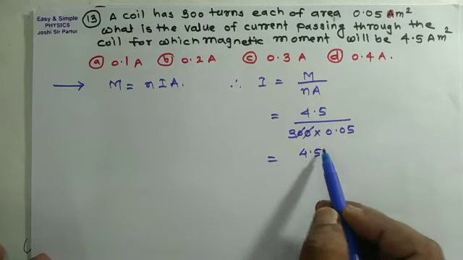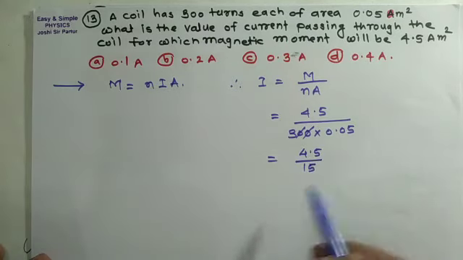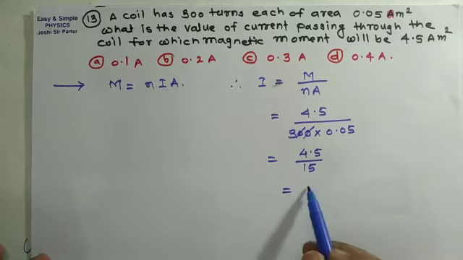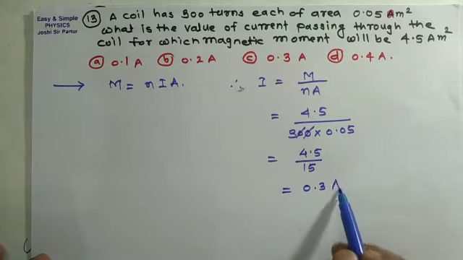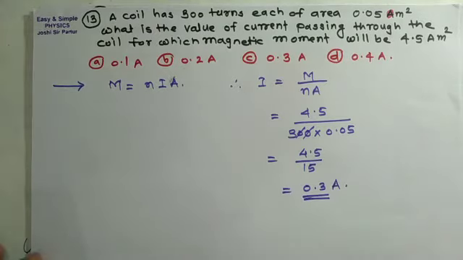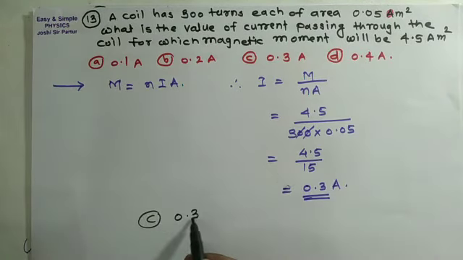So 4.5 divided by 15. So it is 0.3 ampere. So the answer will be C, that is 0.3 ampere.